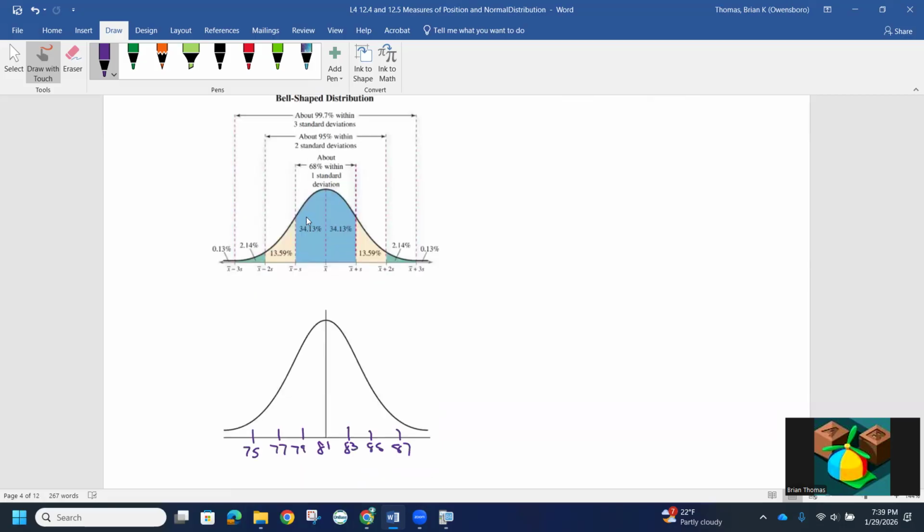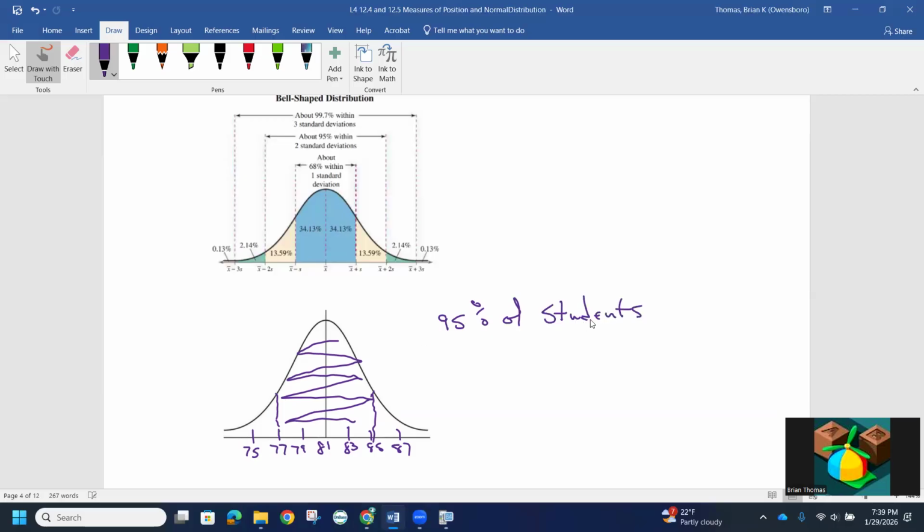Well, 77 to 85 is within 2 standard deviations from the mean. So this area here is what we're looking for. So using the empirical rule, if we're within 2 standard deviations, that would be 95% of the students then. So 95% of the students is what we're talking about.